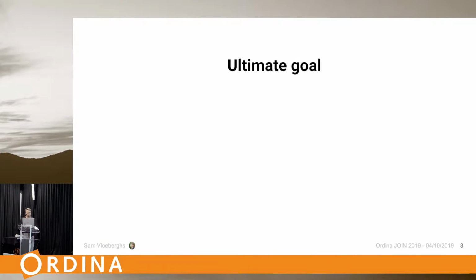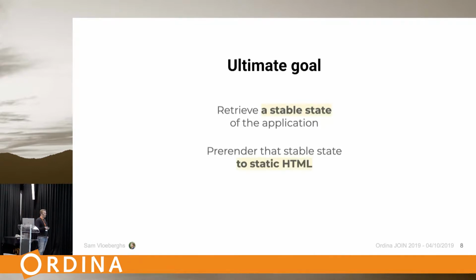So the ultimate goal in our case of Universal is that we get to retrieve a stable state of the application, pre-render that stable state to static HTML on any server at run or at build time.